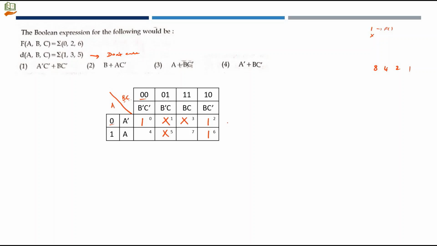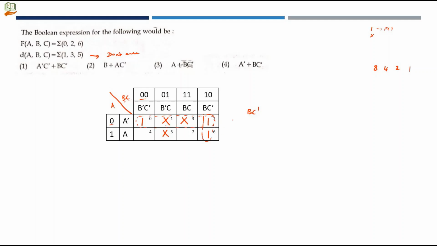While grouping, what are the possibilities for ones here? We can group this part. So this is BC dash, irrespective of the value of A, BC dash is 1 in these two places. Since don't care is present here, we can treat this as alternative of 1. If we do so, then we can mark the complete row as a grouping part.